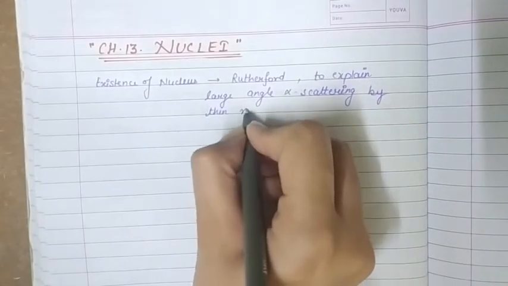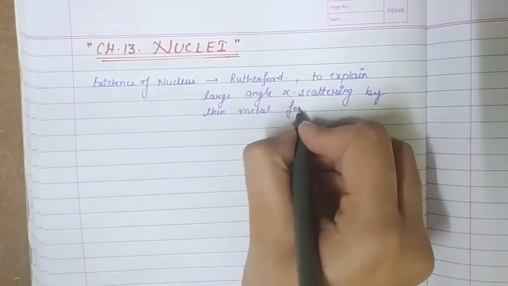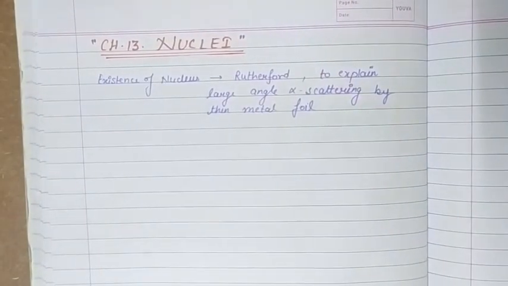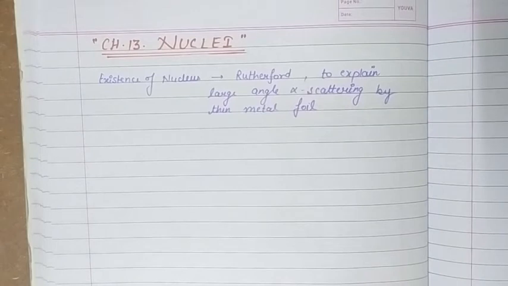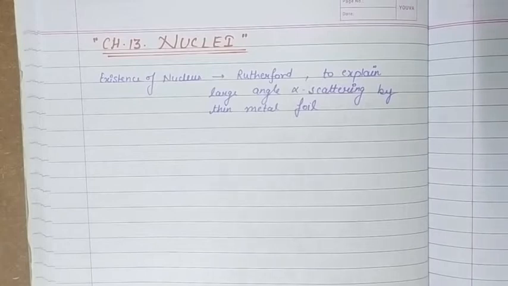To explain that large angle alpha scattering that was observed by them during the alpha scattering experiment, Rutherford postulated that there exists a nucleus in the central region of atom. So here the idea of nucleus came into existence.